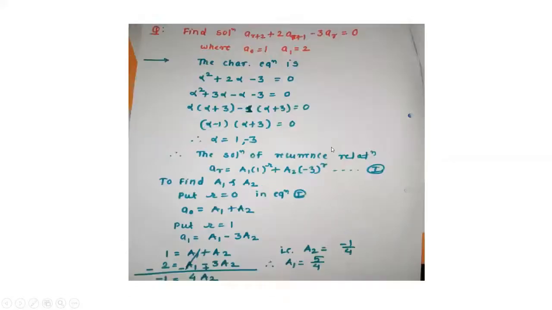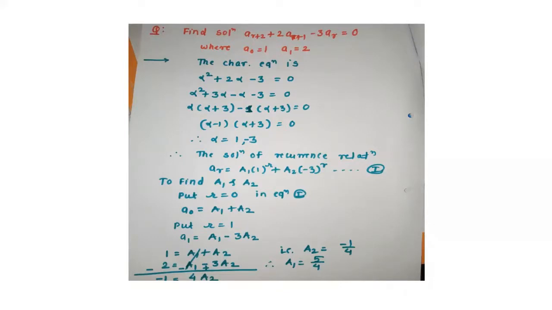In the next example, find the solution of a_{r+2} plus 2a_{r+1} minus 3a_r equal to 0 with initial conditions a_0 equal to 1 and a_1 equal to 2. First find the characteristic equation: alpha square plus 2 alpha minus 3 equal to 0.